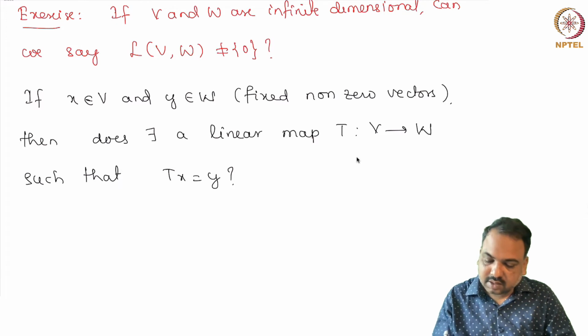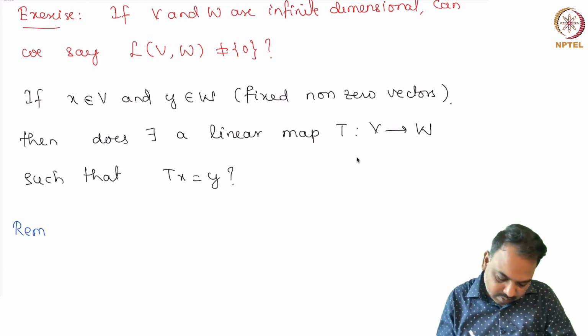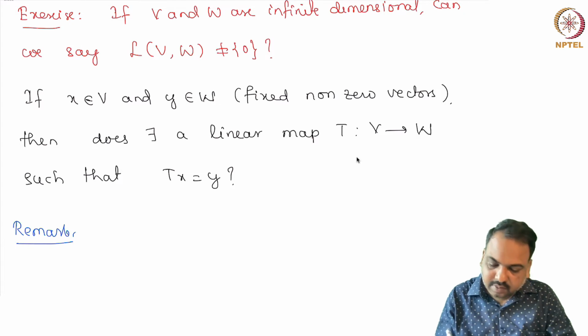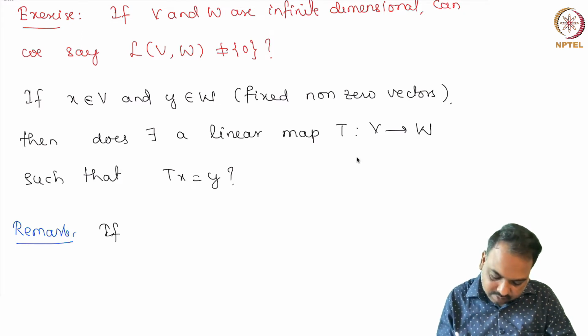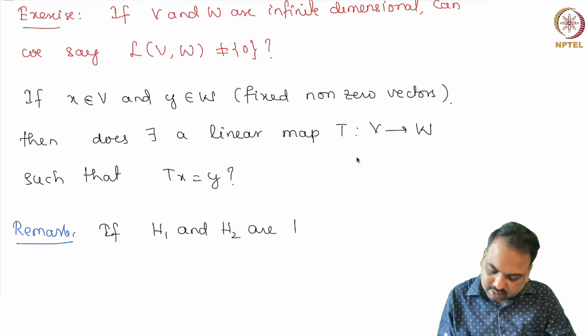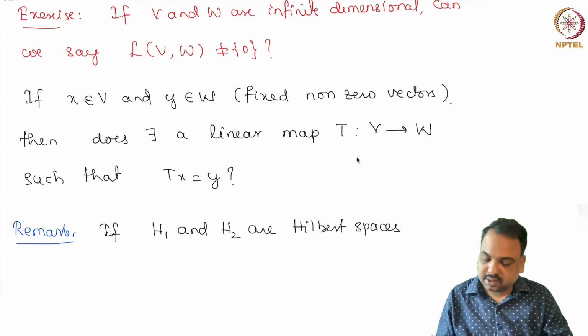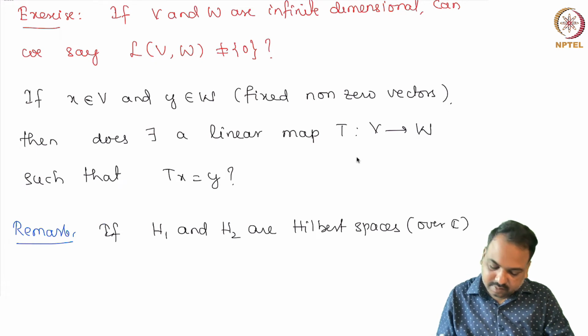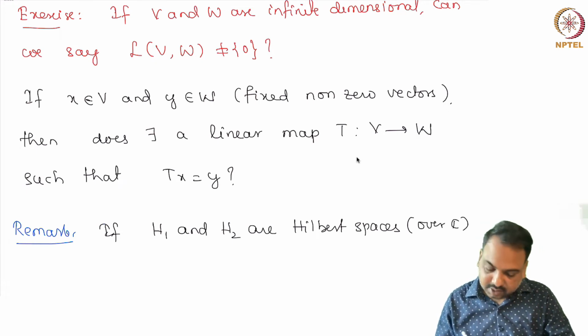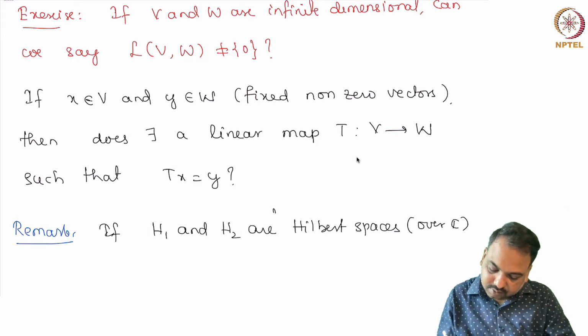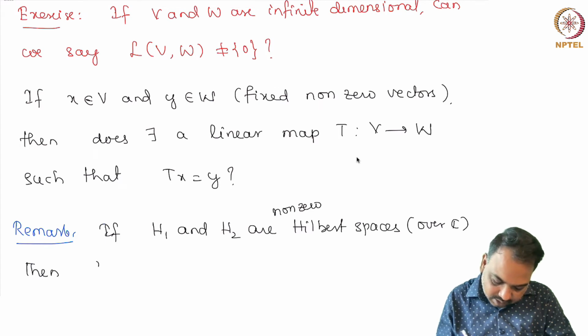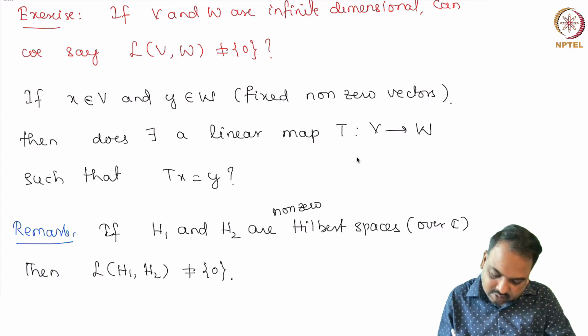So let us look at this: if H1 and H2 are Hilbert spaces, both over C and both non-zero, then we can say that L(H1,H2) is always non-zero.